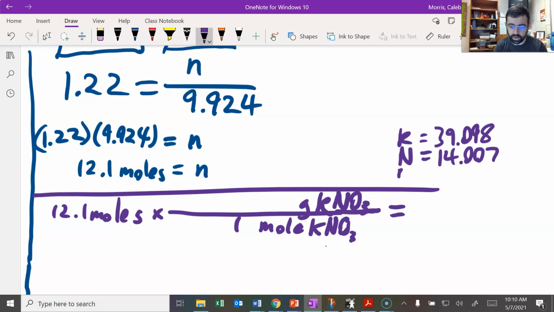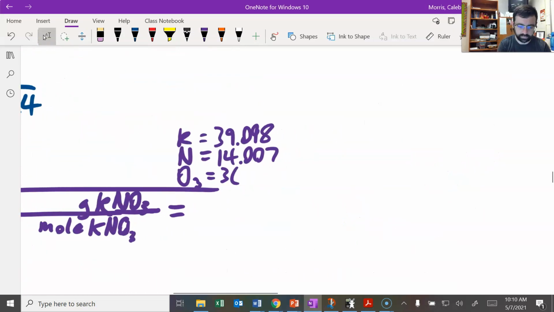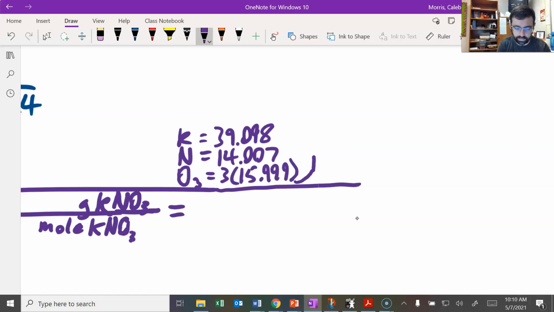And the mass of O3 is going to be 3 times, for oxygen it's 15.999. So my molar mass is going to be those added together.